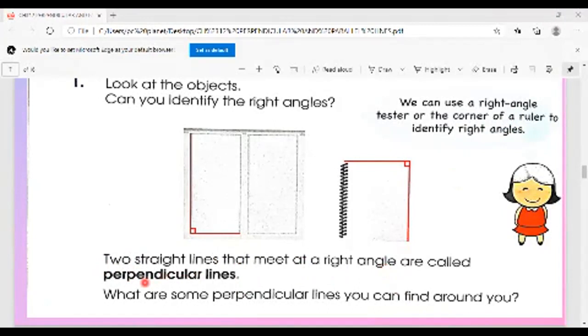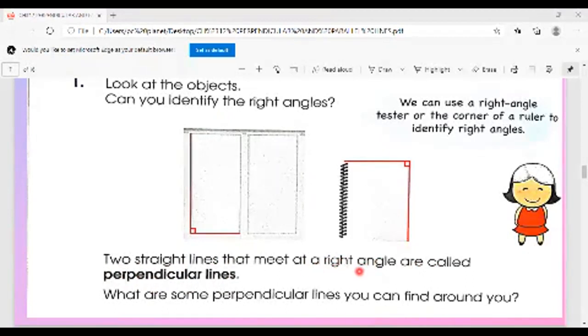So everyone kindly underline these lines where I'm pointing out: two straight lines that meet at a right angle are called perpendicular lines. Quickly underline this basic definition, because if I ask you what the perpendicular lines are, you tell me: when two straight lines meet at a right angle.